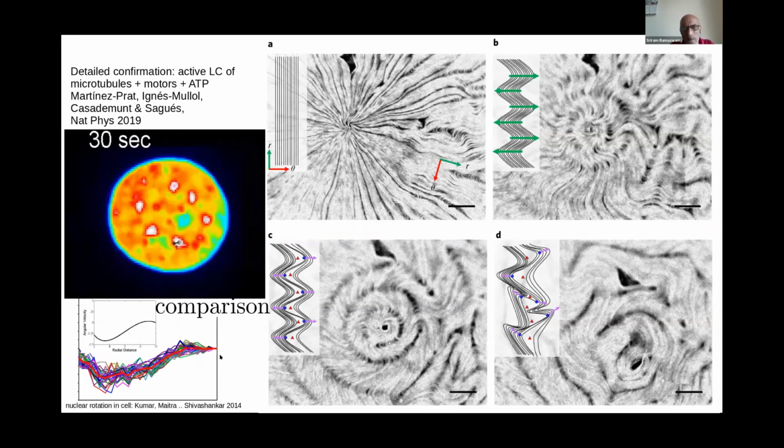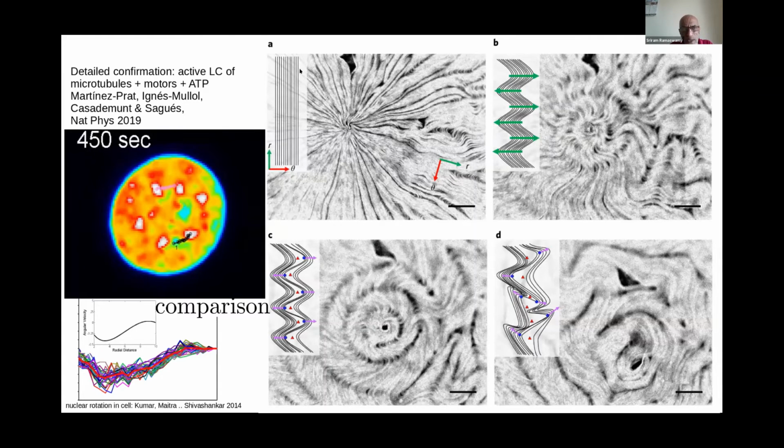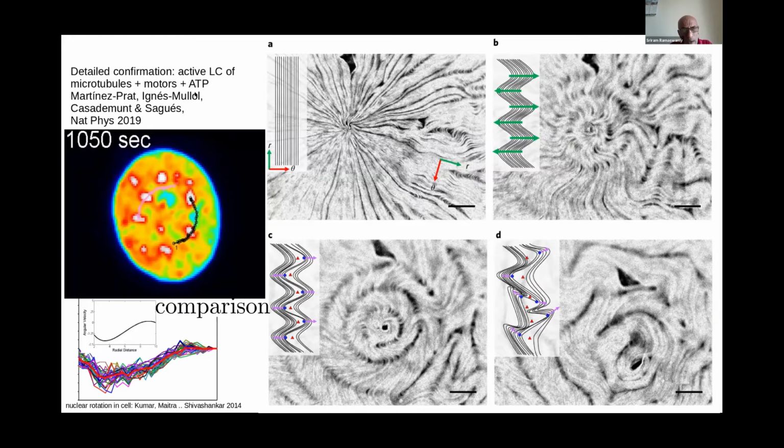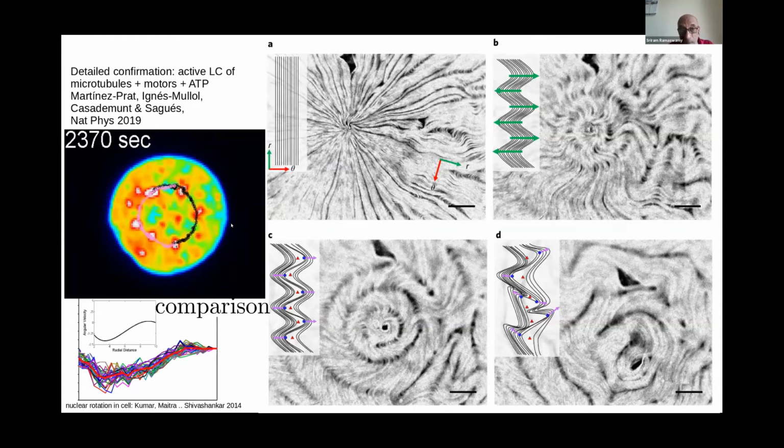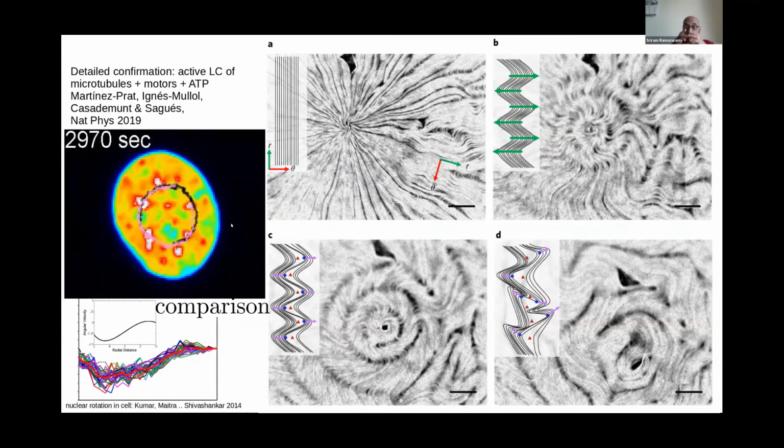And there have been nice experiments that confirm this in detail from the group at Barcelona, Francesc Sagues's group, and experiments also by Shivashankar, on which we did some theory, which showed the same phenomenon taking place not in an extract, but inside one cell. Take one fibroblast, place it on a fixed circular geometry big enough to accommodate it.